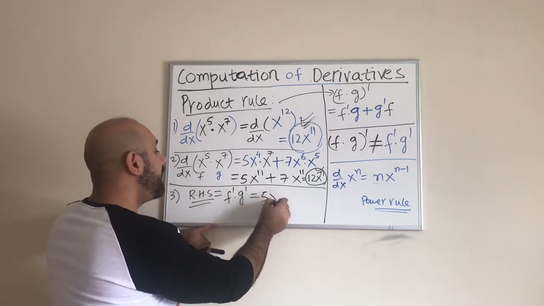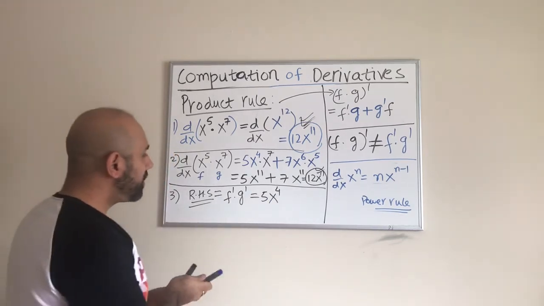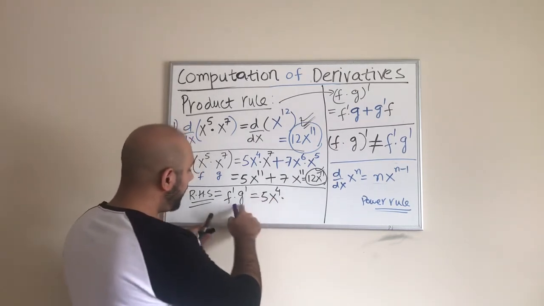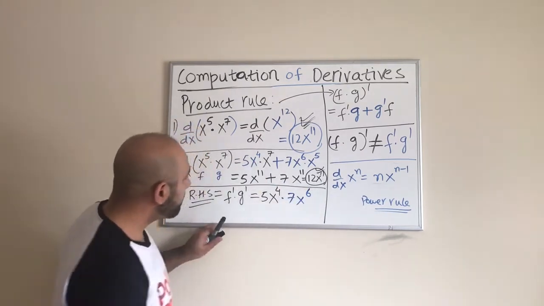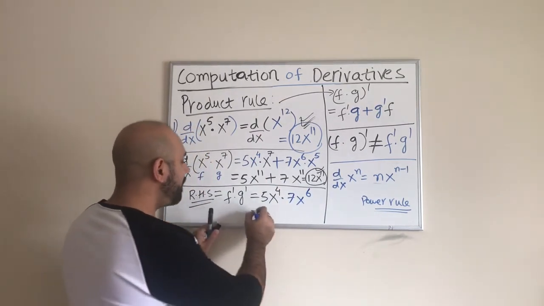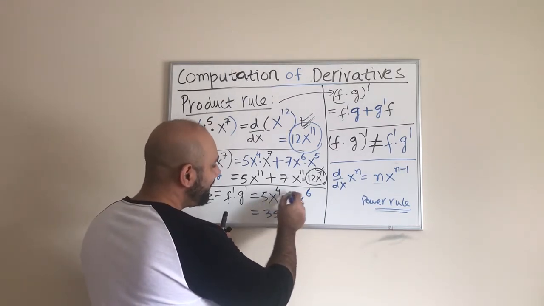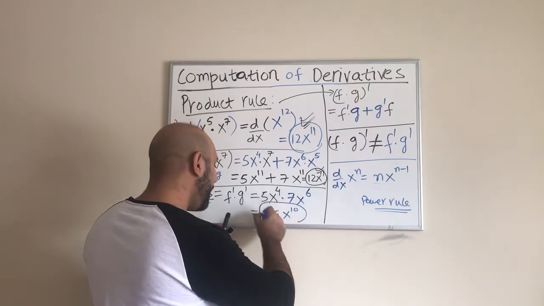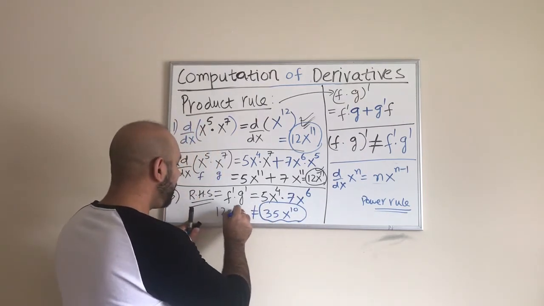It's going to be 5x to the power 4, right? That is the derivative of this. And now I have to multiply by the derivative of the other function, which is going to be 7x to the power 6, right? Now, if I simplify, 5 times 7 is 35, and then I have to add 4 plus 6, which is 10. So guys, you can clearly see that this is not equal to 12x to the power 11.